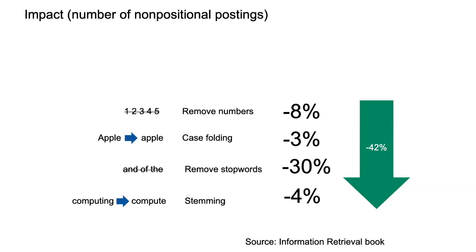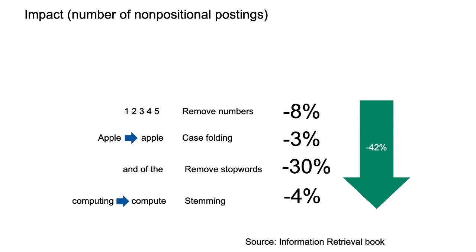Then the number of non-positional postings, we remove the numbers, then that removes 8%. Again, I'm talking about the postings now, the non-positional postings. So no longer the terms, but the actual doc IDs that are in my index. So I remove 8% with the numbers, then 3% of the postings go away if I do case folding. 30% of the postings go away if I remove stop words.